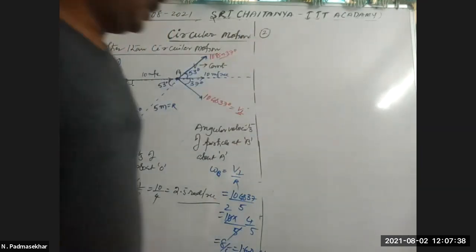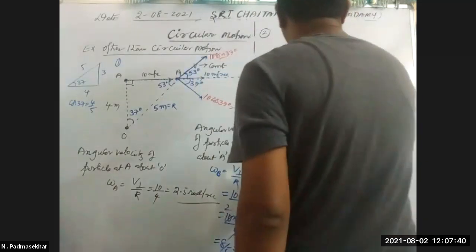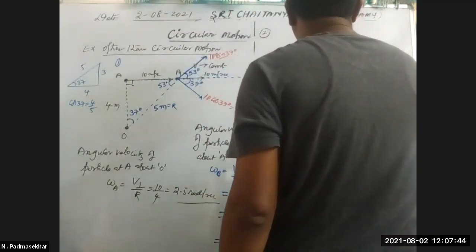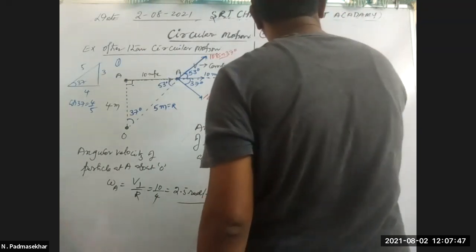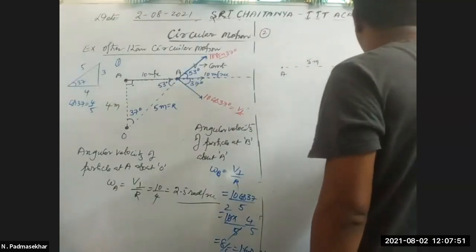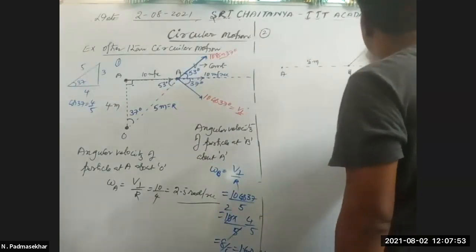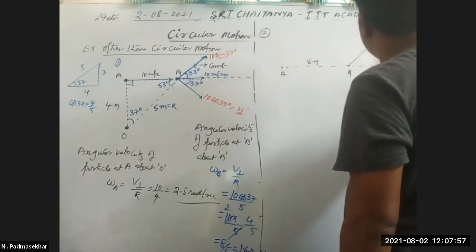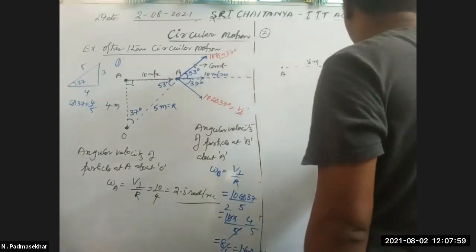Suppose the particle is there at B. This is a point A, and it is 5 meters. The particle is going like this with 20 meters per second.